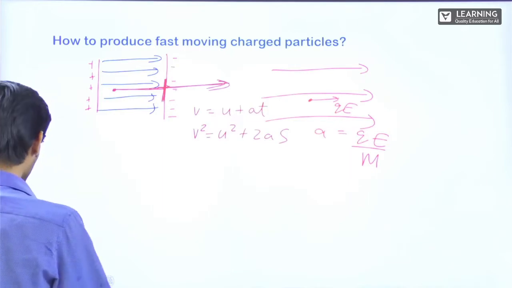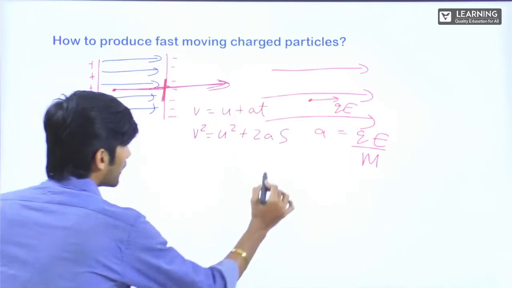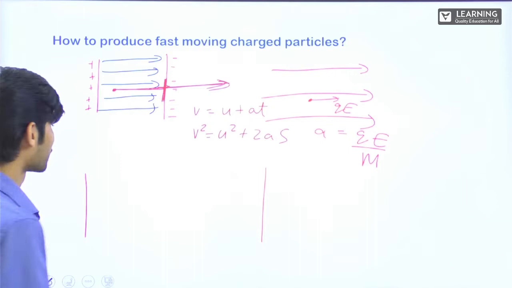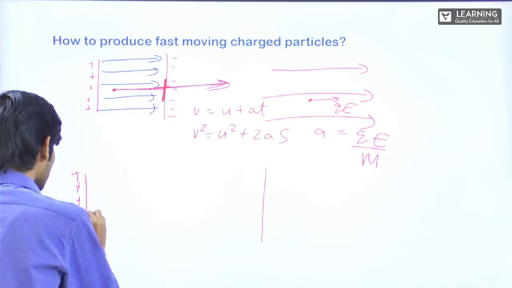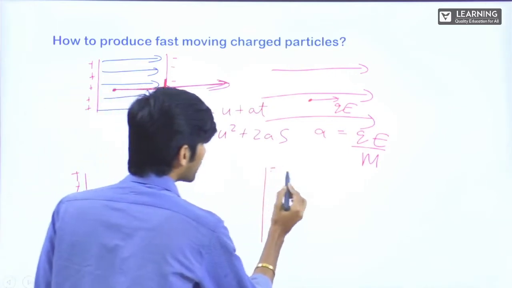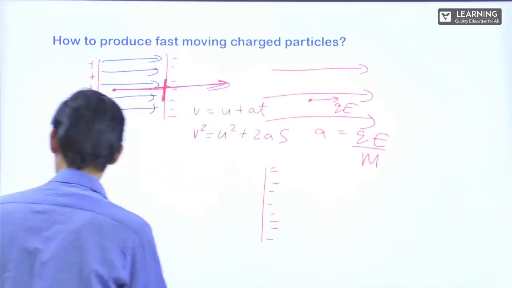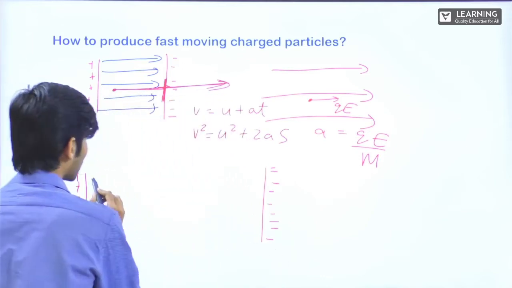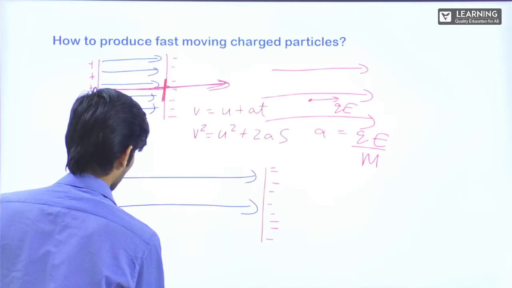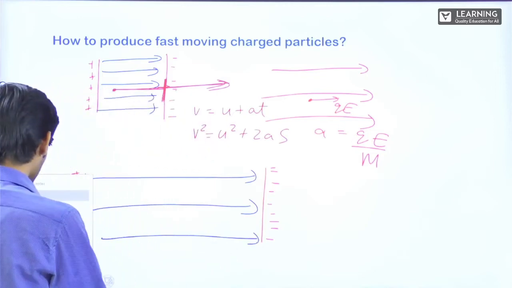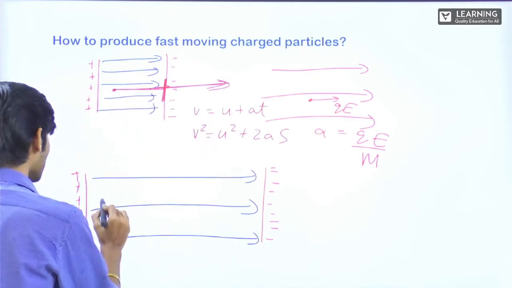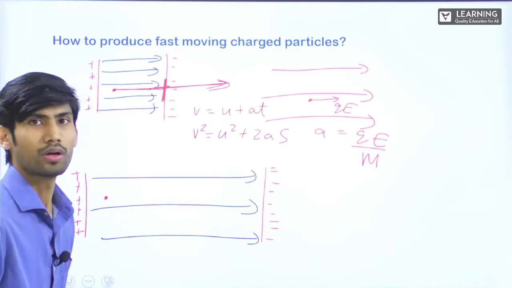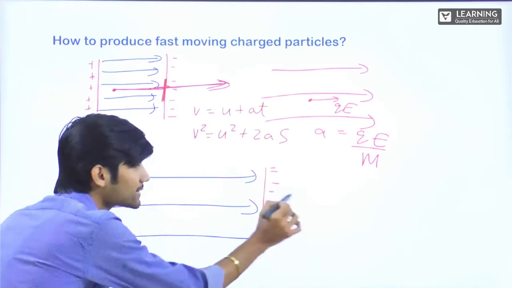See? Now suppose if I increase this, here there is positive, here there is negative. This is the electric field. Correct? This is the charge. No doubt, this distance is increased.